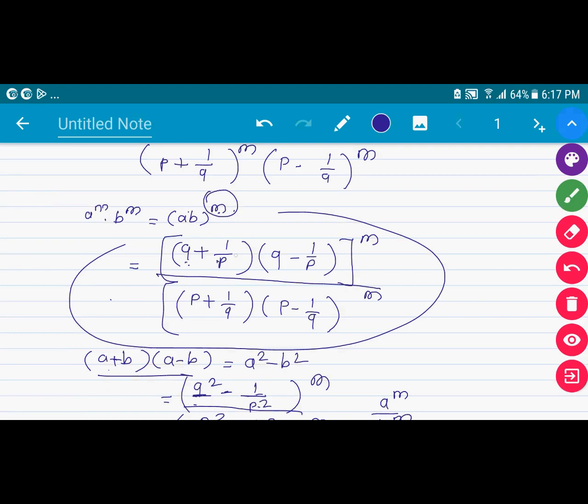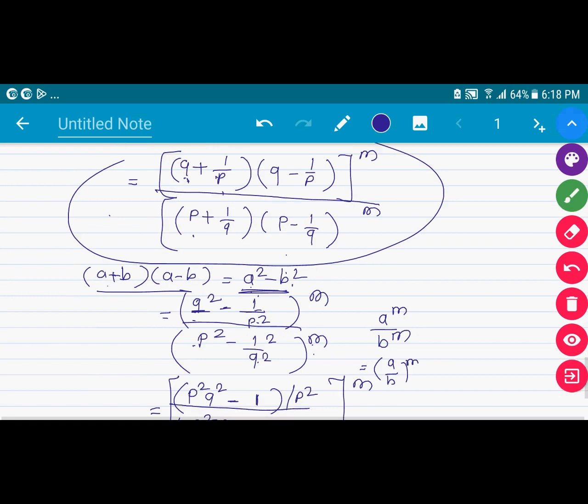See here. Okay, now it is in the form a plus b multiplied by a minus b. If such a condition is there, a plus b multiplied by a minus b, we say it is equal to a square minus b square. So our a is q and our b is 1 upon p. So our equation becomes q square minus 1 upon p square and p square minus 1 upon q square. Okay, and upon p.